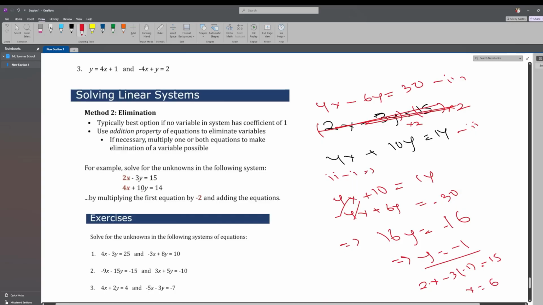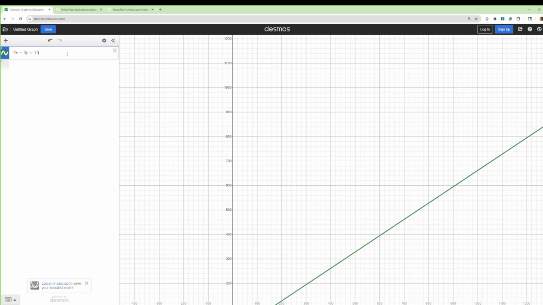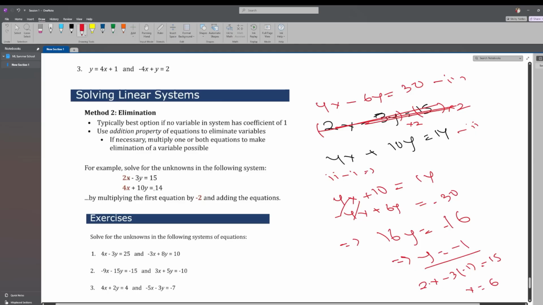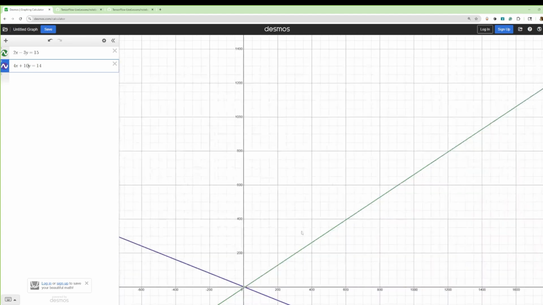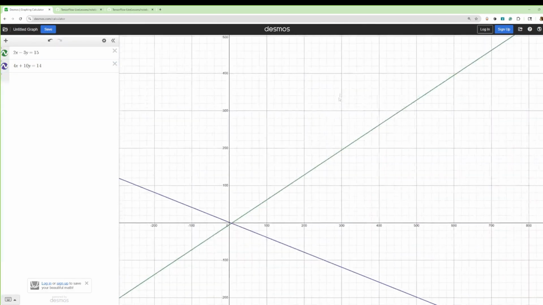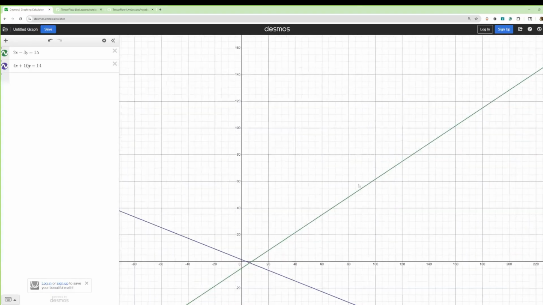Yes, 4x plus 10y equals what? 10 and 14, right? I'm not sure if the equations are right. I will verify it again, no problem with that.